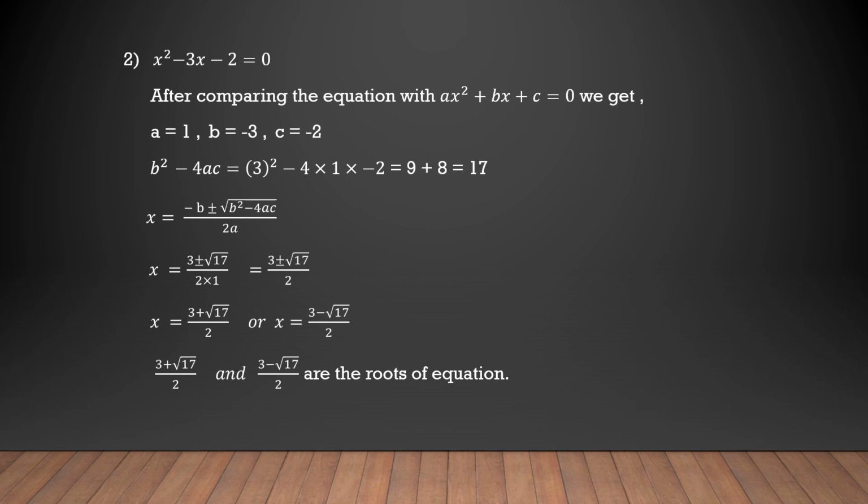Then after solving, x is equal to 3 plus minus root 17 by 2. 2 into 1 is 2. So we write 3 plus minus root 17 by 2, means x is equal to 3 plus root 17 by 2 or x is equal to 3 minus root 17 by 2.